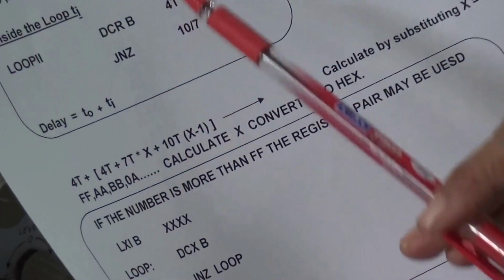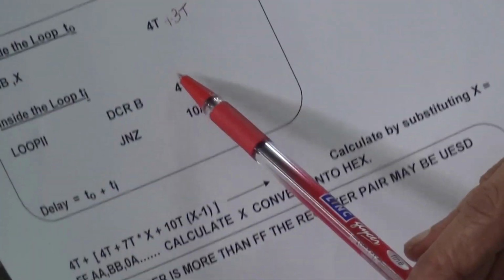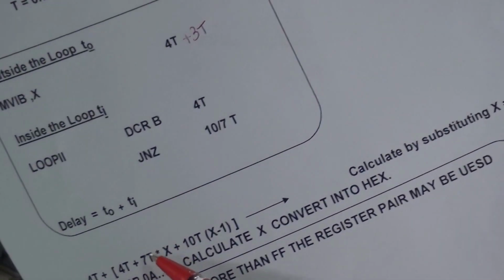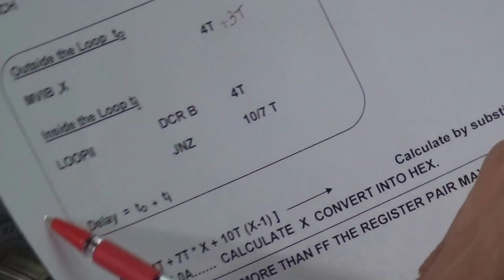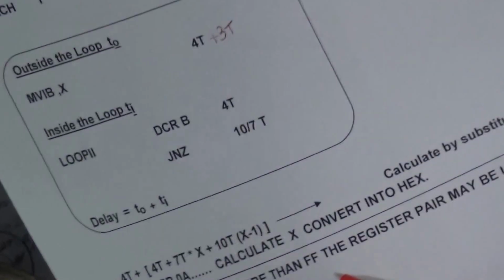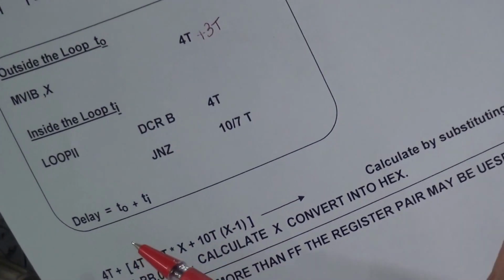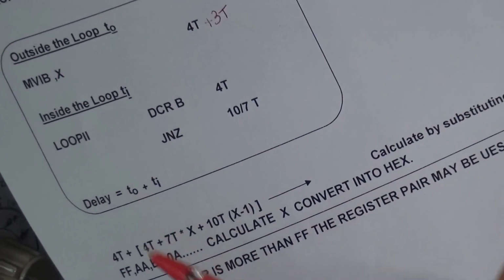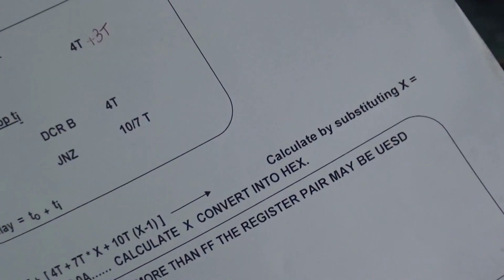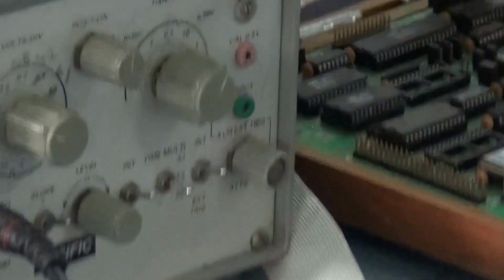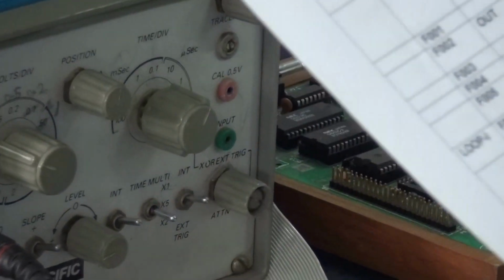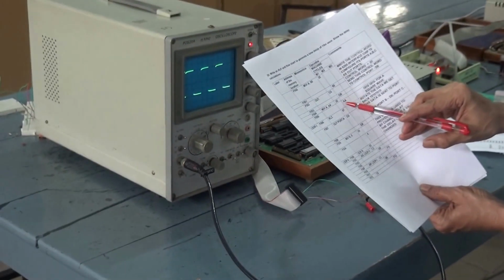So use all this: 4T plus 3T, plus 4T into X, plus 10T into X minus 1 times it is going back, and 7T one time it is coming out. Calculate the total time delay, and this time delay has to be compared with what you get from this, and repeat this experiment by choosing different values in this location here.